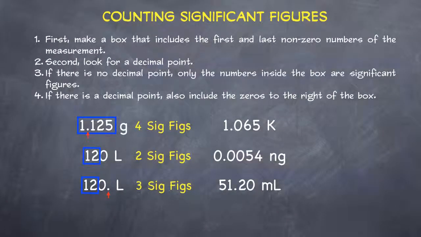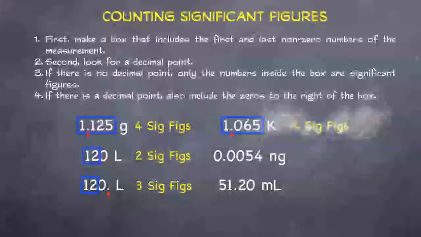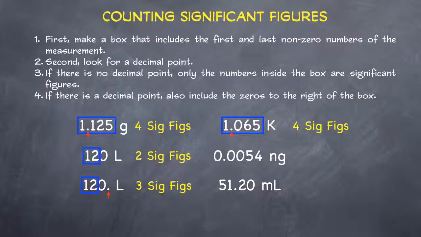For our fourth measurement, we put the box around 4 digits. And there's a decimal point, but there's no zeros outside the box, so everything is going to count. This has 4 significant figures. For our next measurement, we put the box around the 5 and the 4, and there is a decimal point, but you'll notice that none of the zeros are to the right of the box, so that means they don't count.